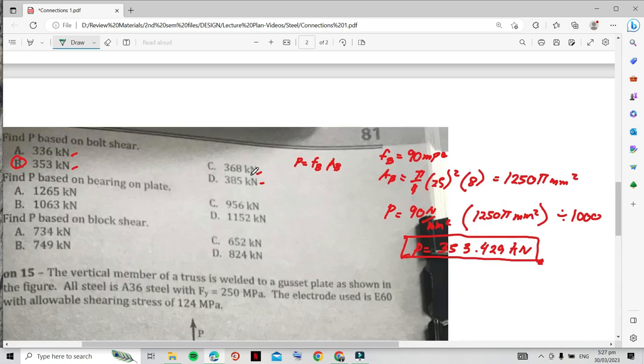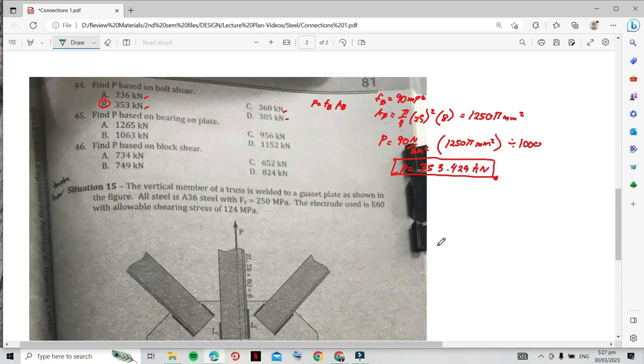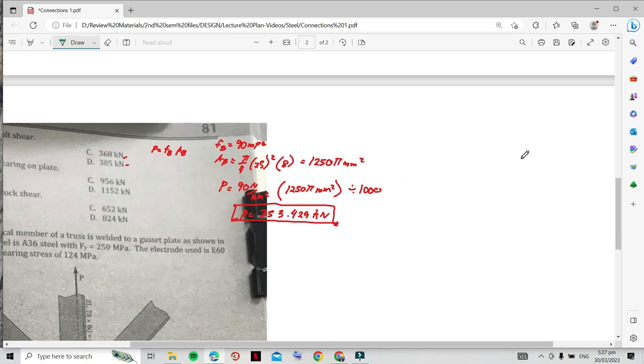So the formula still is force is equal to allowable stress times area. So P is equal to the bearing stress times the area of contact of bearing.